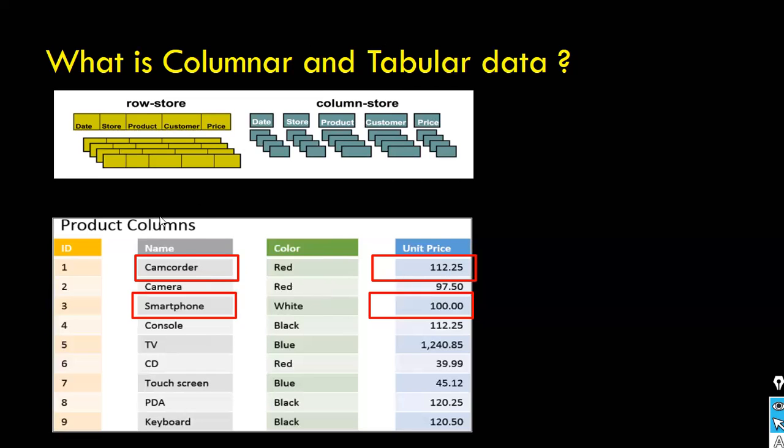In that case, it will go directly to these two columns and retrieve the data. Hence, it saves a lot of time instead of going through each and every column and checking whether this is a product name column or a unit price column. You don't have to do that. That is the advantage of a columnar database. In the case of a columnar database, single column access is fast and effective.